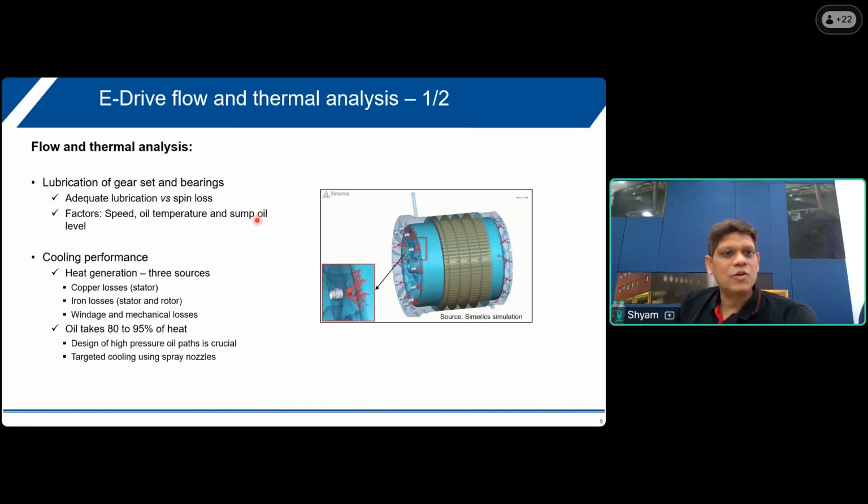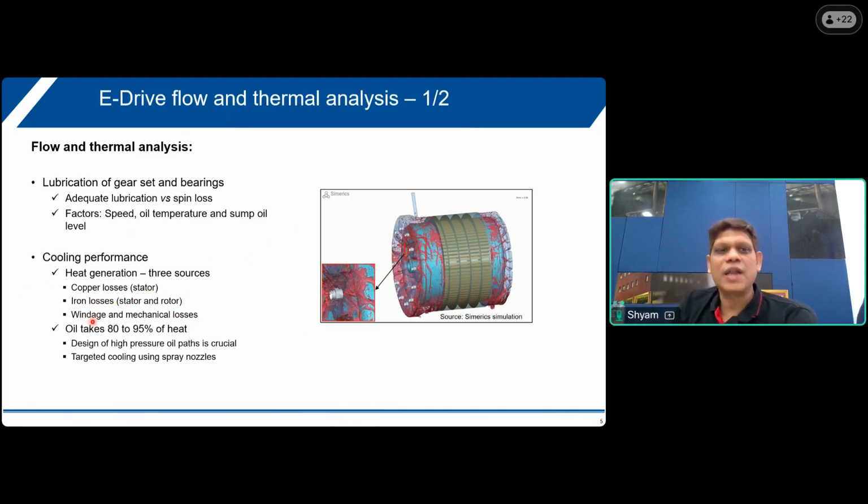The second is cooling performance. There are three different heat sources: copper losses, from electricity passing over the windings; iron losses, which happen in both the stator and rotor due to the varying magnetic field; and other losses because of the windage effect of the oil and mechanical losses. These are very small compared to the copper losses and iron losses.